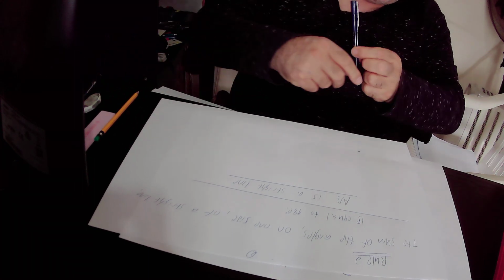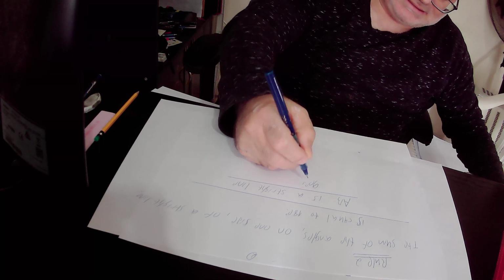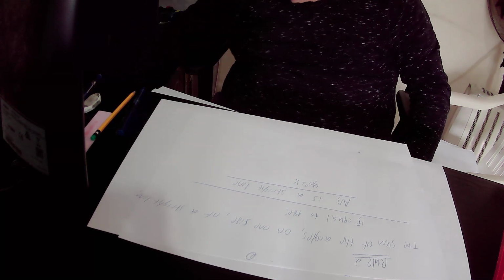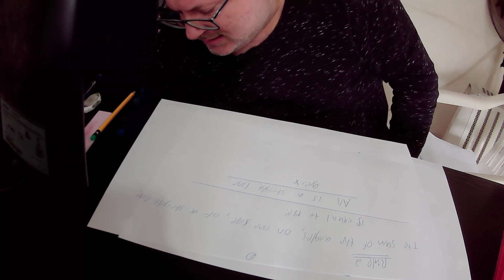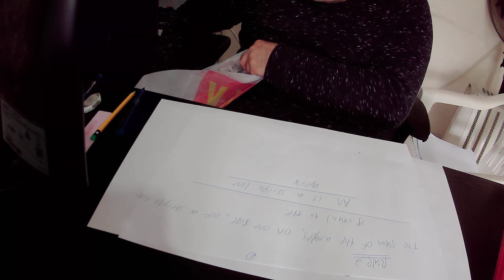So 90 degrees plus the size of angle X must be equal to 180 degrees according to rule number 2.